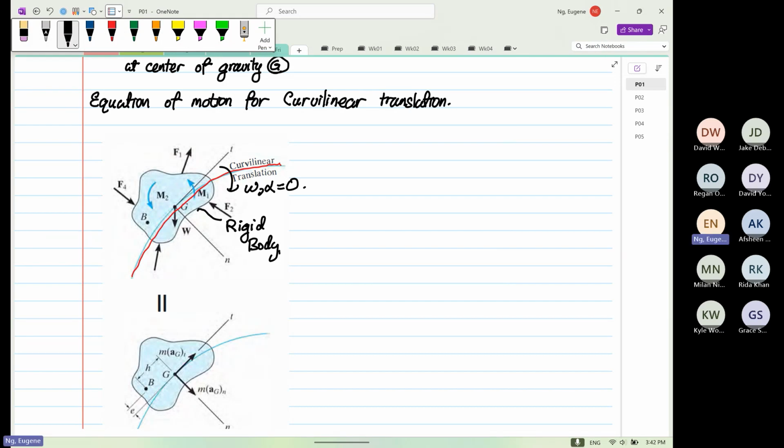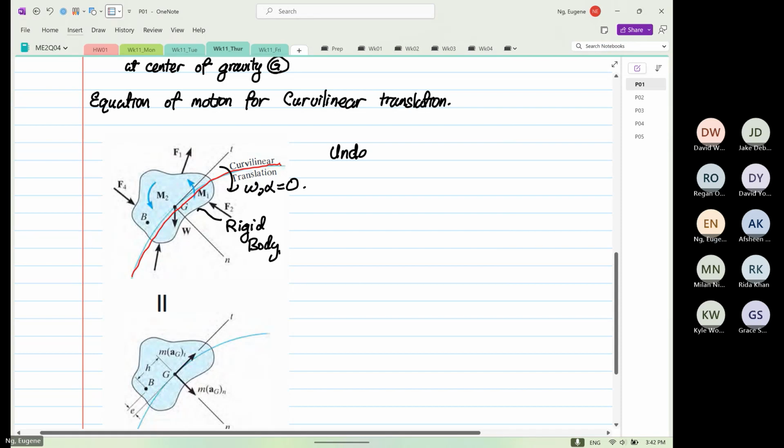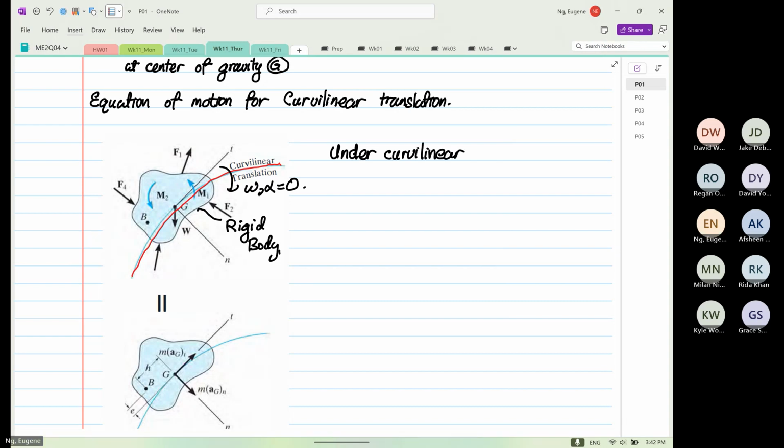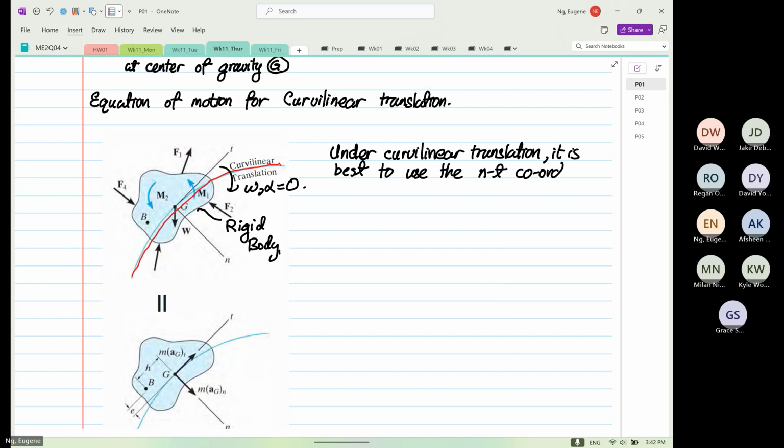Under curvilinear translation, it is best to use the n and t coordinates. So for this case, what you see is the structure. For example, the structure is going in this direction.